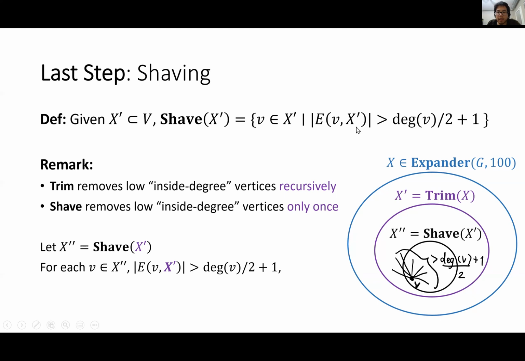This is really by definition, but I just want to note that you count the edges that go to X prime too, right? It's not just the number of edges inside X double prime itself. You count all of these; the node is one whose count is greater than degree of V over 2 plus 1.